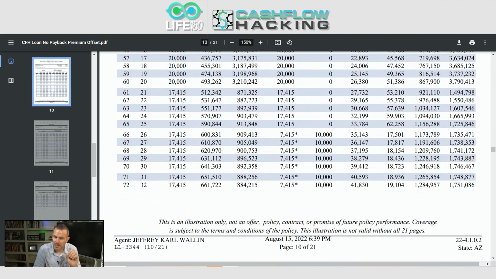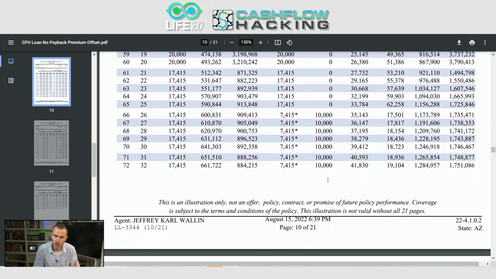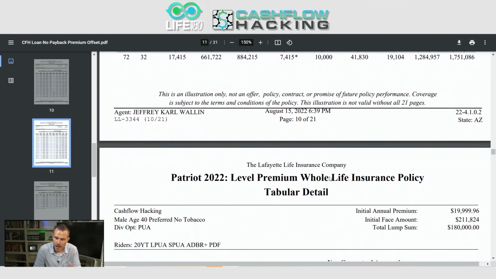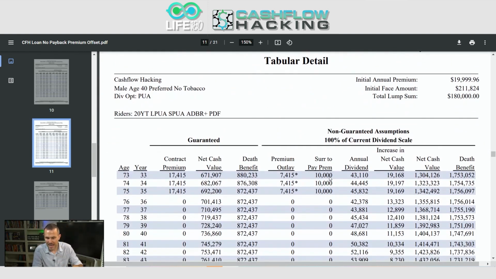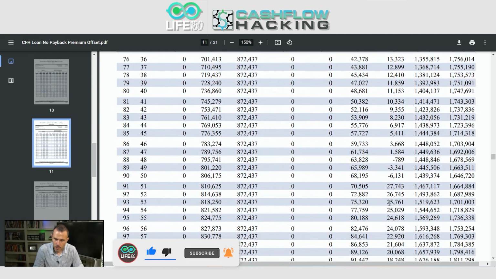Not a big deal, because you can surrender a portion of the policy since you've put so much money into this over time. You can do that up to cost basis with no tax issues at all, and you're not going to have an issue. And so with that, when we look at age 91, we're still able to pull that $875,000 against it. And we still have $1,467,000 left.